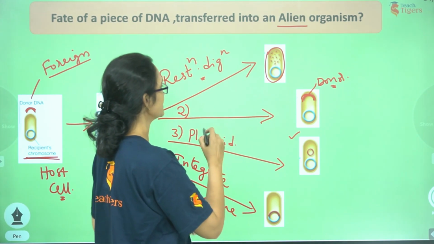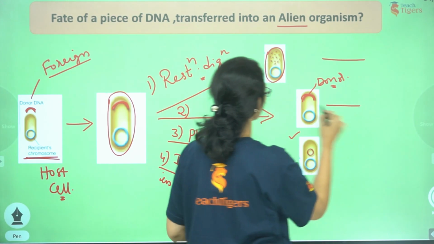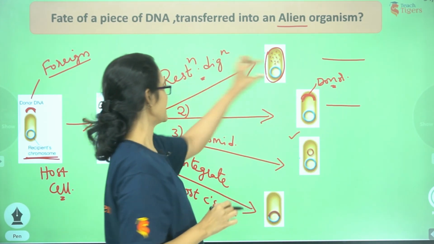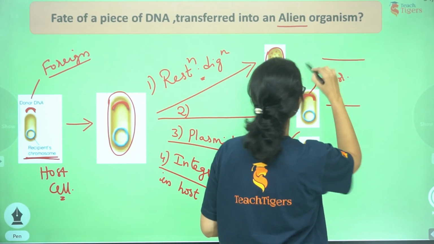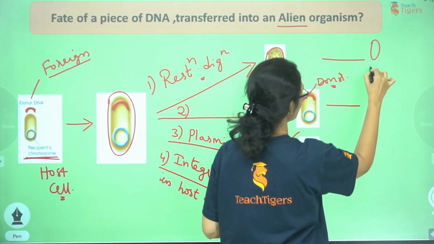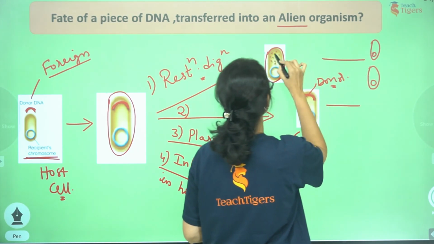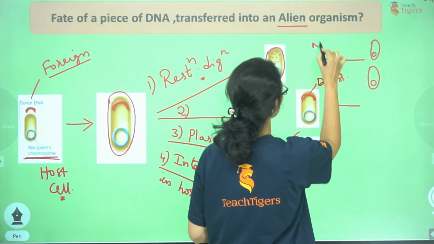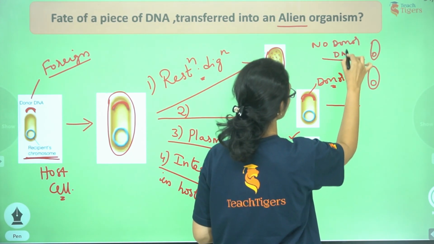So as you can see here, in case 1 and case 2, there is no scope for the donor DNA to be propagated into the cells. That means even if this cell undergoes cell division, you don't find the donor DNA in the progeny.